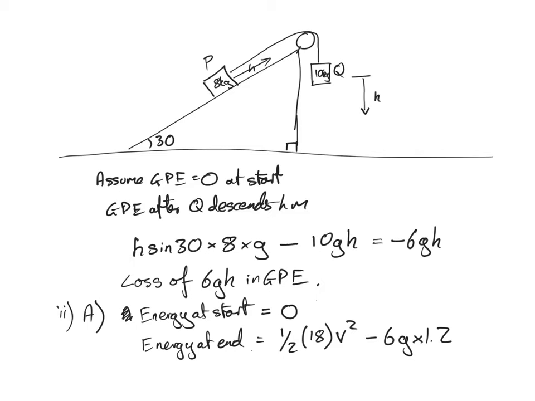So we've got 9v squared equals 6 times g times 1.8, which is 70.56.